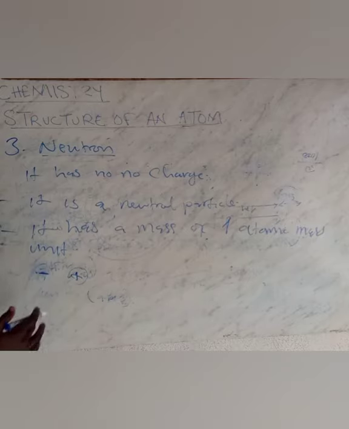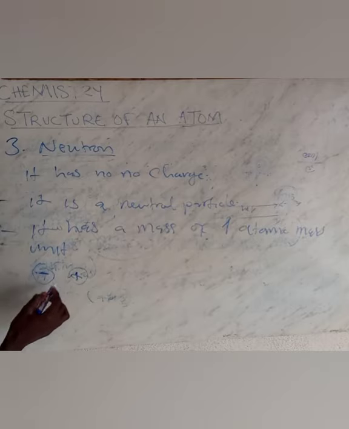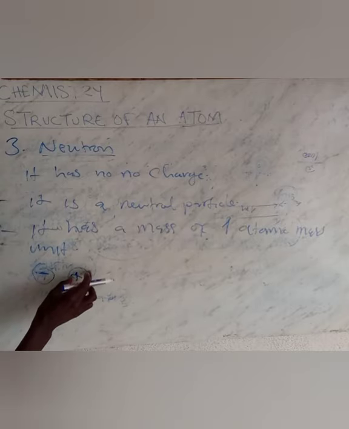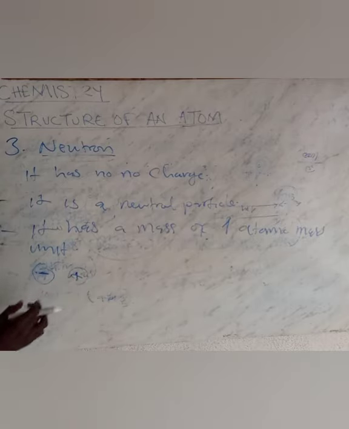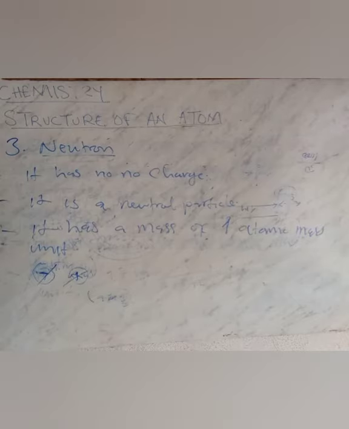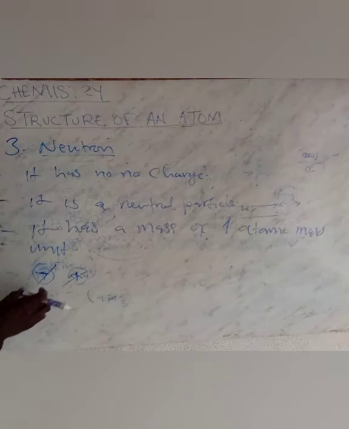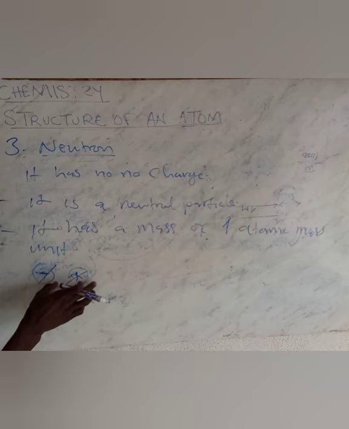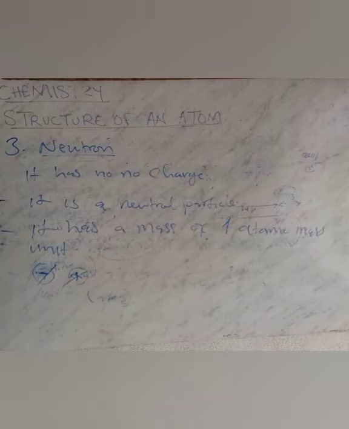Every time we are looking at an atom, the number of electrons equals the number of protons. This results in the overall charge of an atom being neutral, because these cancel each other out. Hence, we have no charge as the overall charge of an element or of an atom.